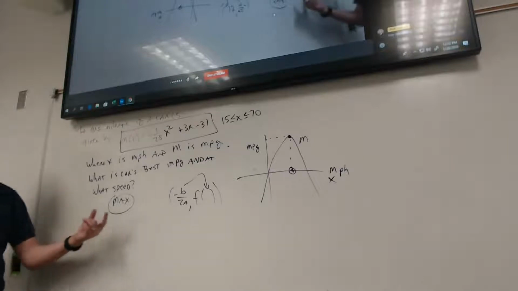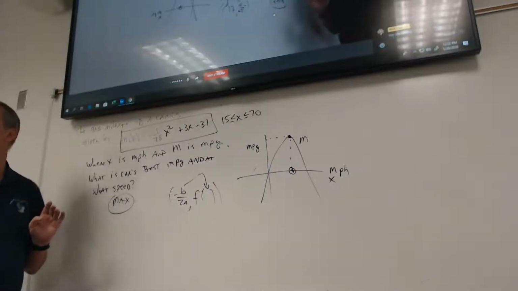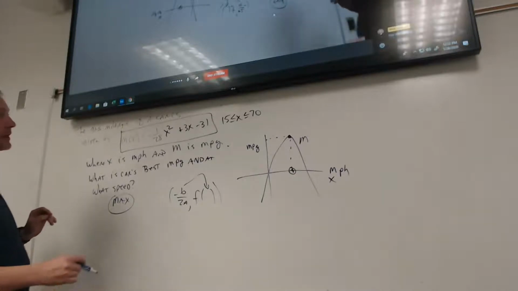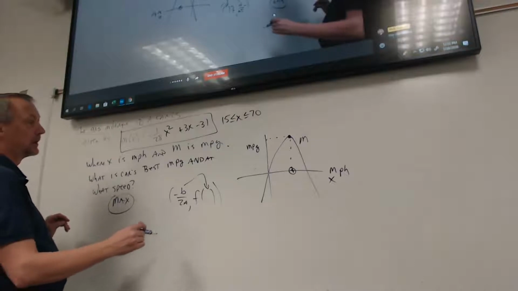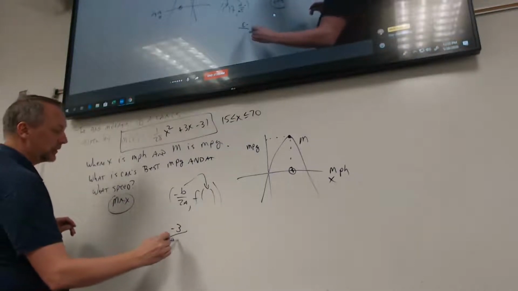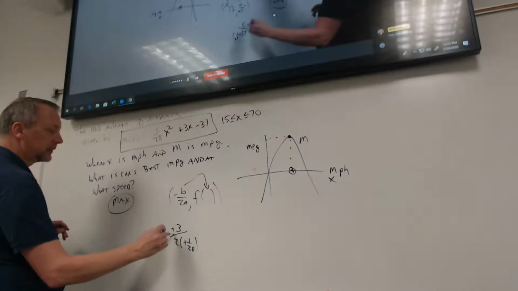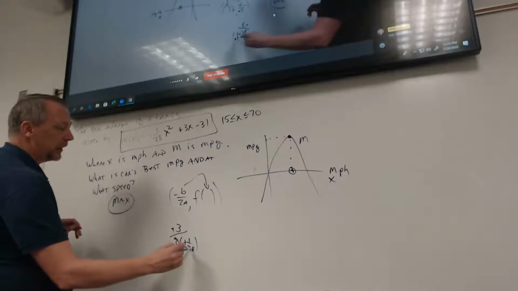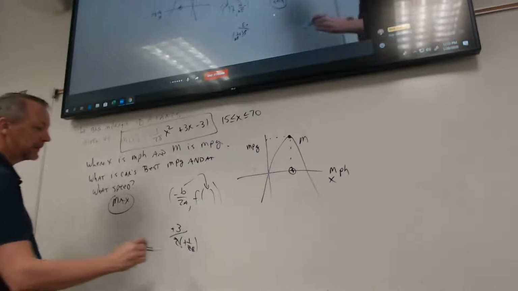All right. So negative b over 2a is negative 3 over 2 times negative 1 over 28. The negatives cancel. 2 goes into 28 14 times.